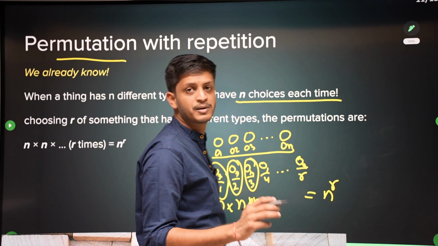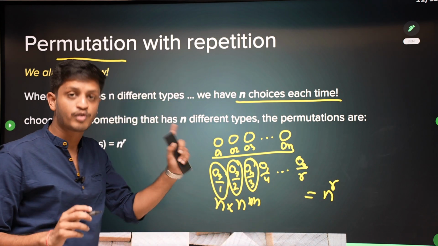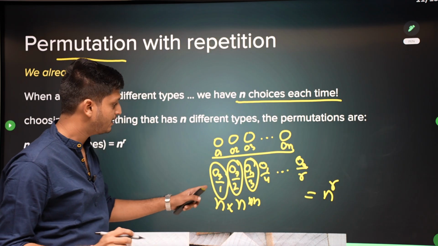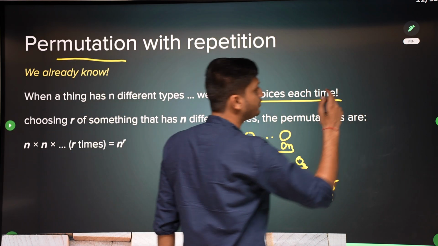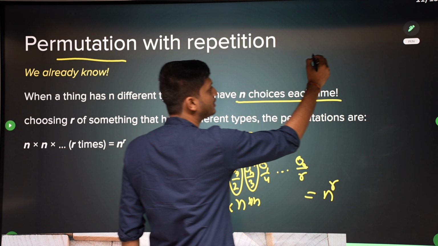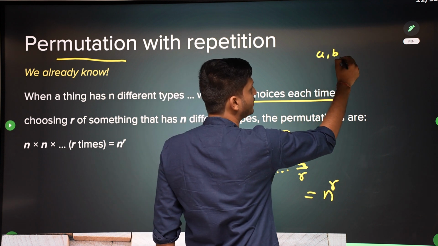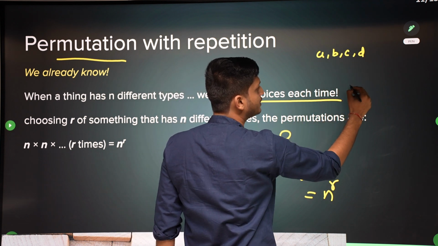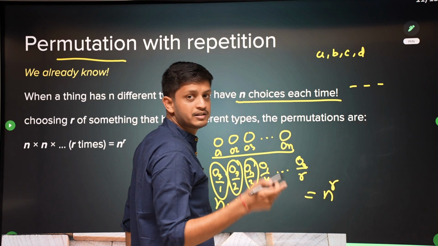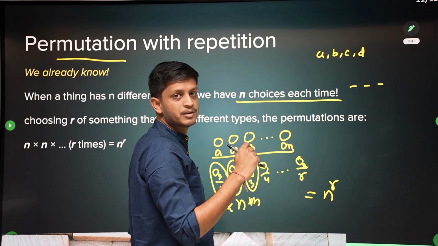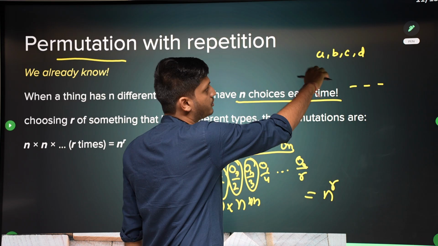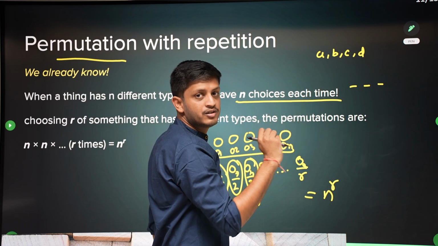See, this was a much simpler problem because here the order was important. We saw a problem in the previous lecture: you have A, B, C, D and you have to fill 3 places. In the previous lecture it was combination with repetition. How many selections of 3 objects are possible from A, B, C, D? Only selection.